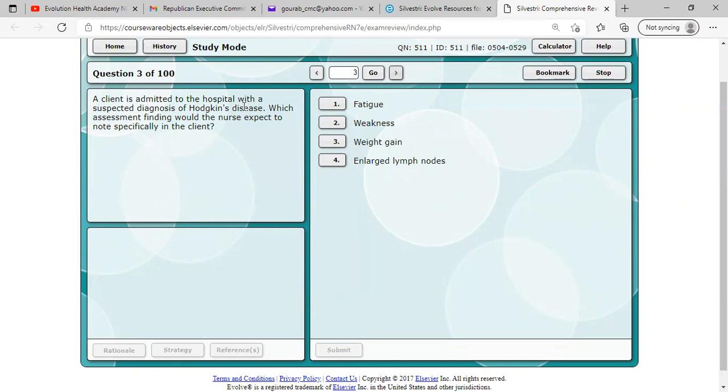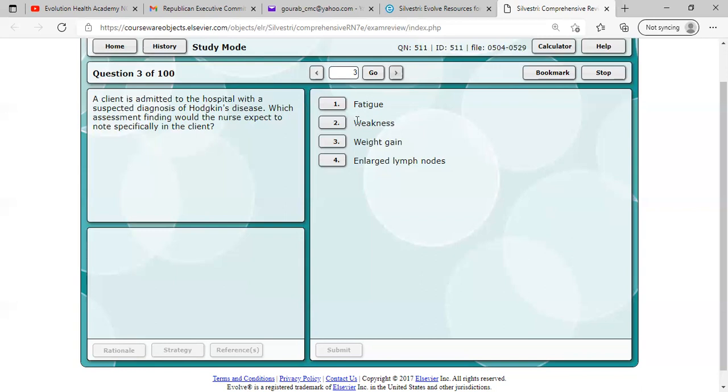It is called Reed-Sternberg cell. The basic signs and symptoms may include patient complaint of fever, night sweats, and weight loss.